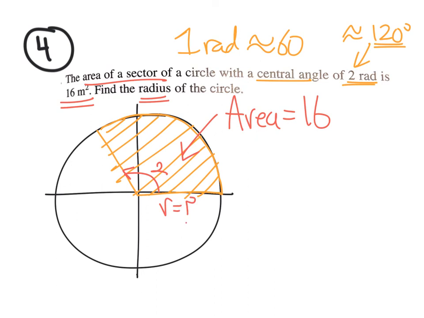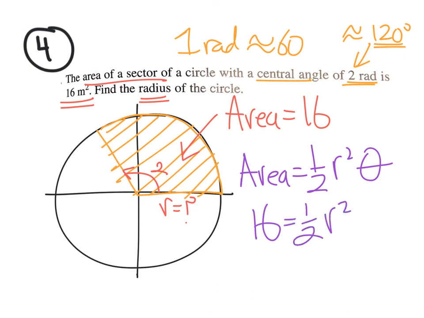Our formula for this, we have that the area of a sector is 1/2 R squared times theta, where the angle theta is in radians, which we know. So our area is 16.